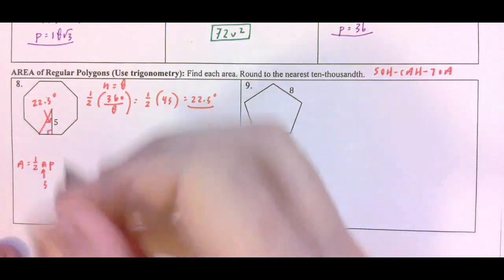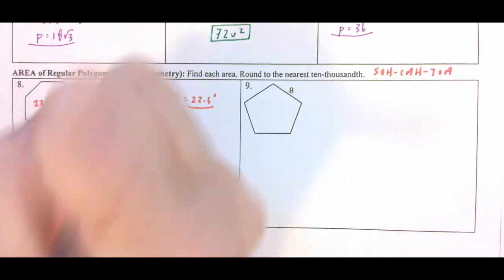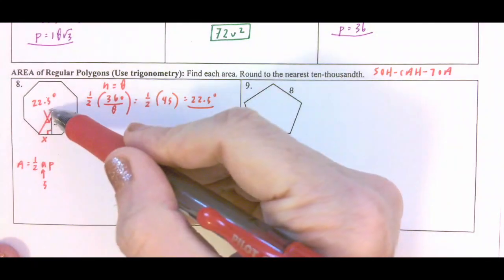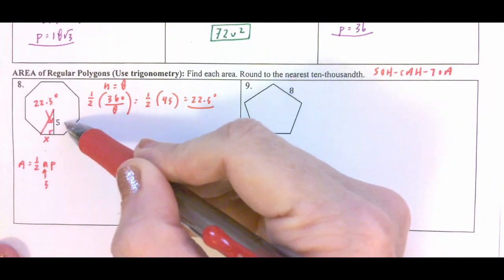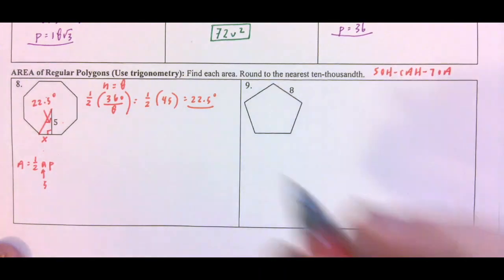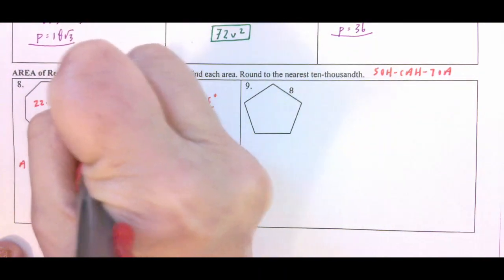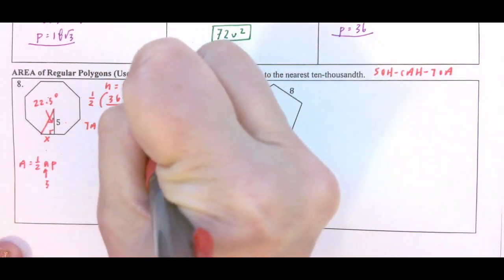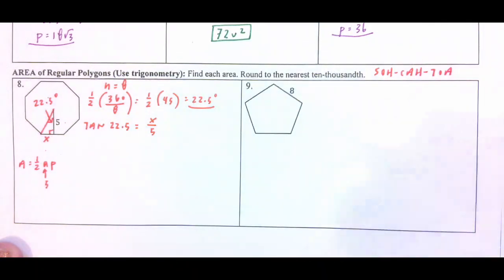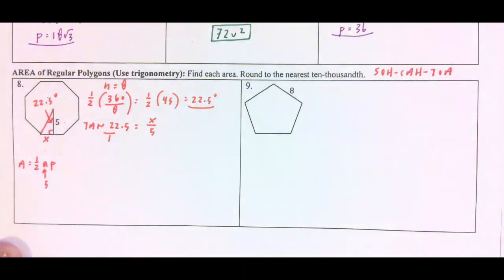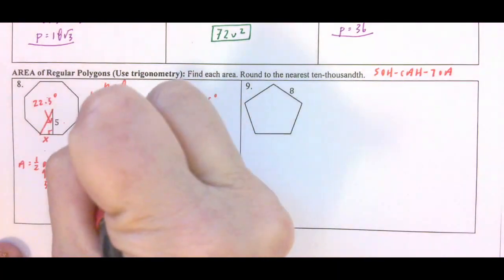Okay, I'm going to need the perimeter, so I'm going to solve for this leg right here, this side that's x. So to do that, from this angle, I have an opposite and an adjacent. So I'm going to use tangent. I'm looking at the TOA. So I can say that tangent 22.5 equals x over 5, my opposite over my adjacent. Visualize as a proportion and cross multiply.